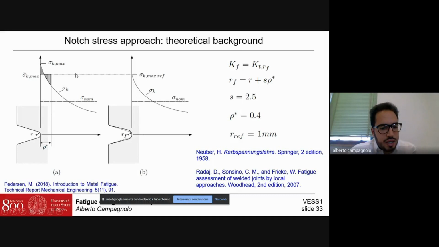On the other hand, he observed that another parameter which correlated pretty well with the fatigue life of the components was an average stress, averaged along a distance from the notch tip equal to rho star. So the effective parameter was the average stress along a distance equal to rho star starting from the notch tip.